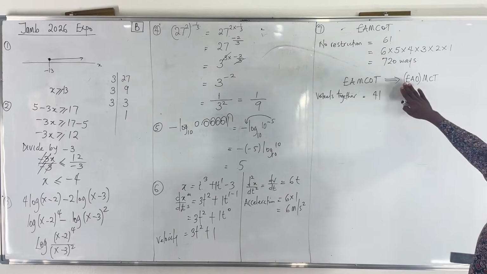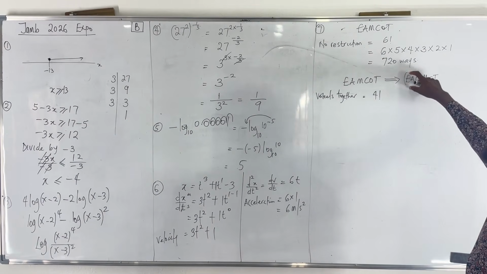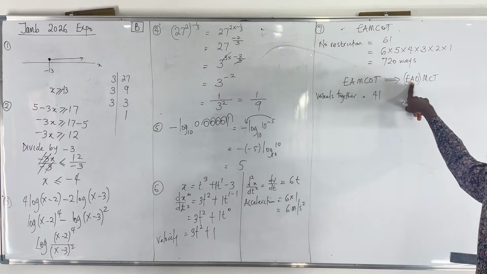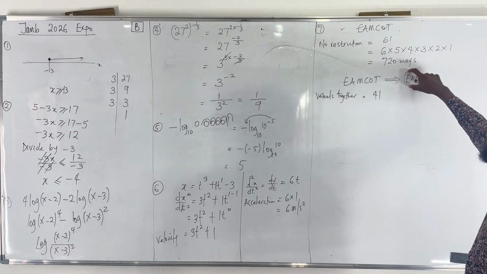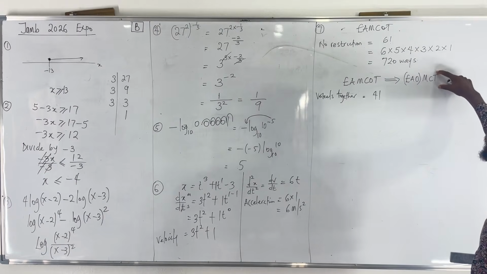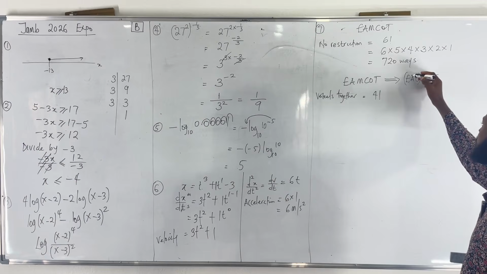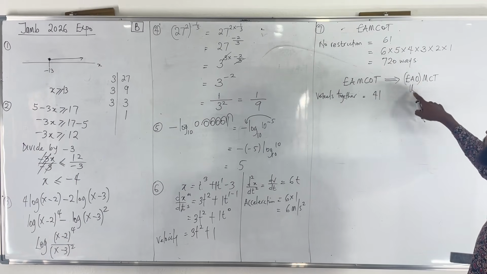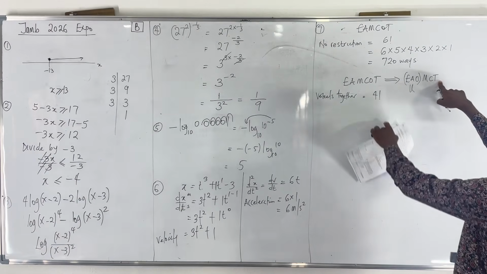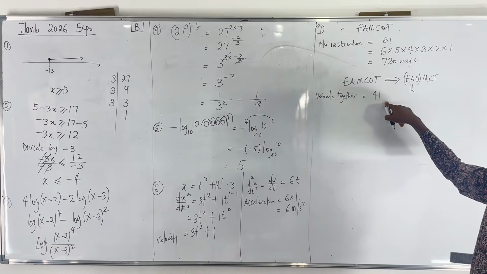And then, is there any repetition here? There's no repetition with the vowels and no repetition with the consonants. Now, in the exam hall, you might want to call this a new letter, so you have UMCT. So that's how we have the 4 factorial. There's no repetition here, so I'm not dividing by anything.